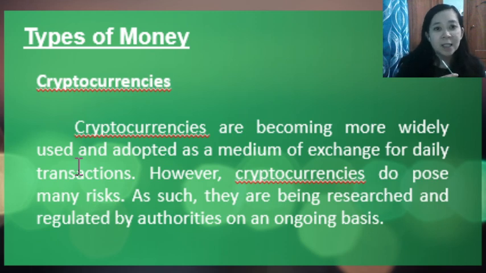Cryptocurrencies are becoming more widely used and adopted as a medium of exchange for daily transactions. Medium of exchange and not an investment. Please take note of that. However, cryptocurrencies actually do pose many risks. They are being researched and regulated by the authorities on an ongoing basis as of the moment.